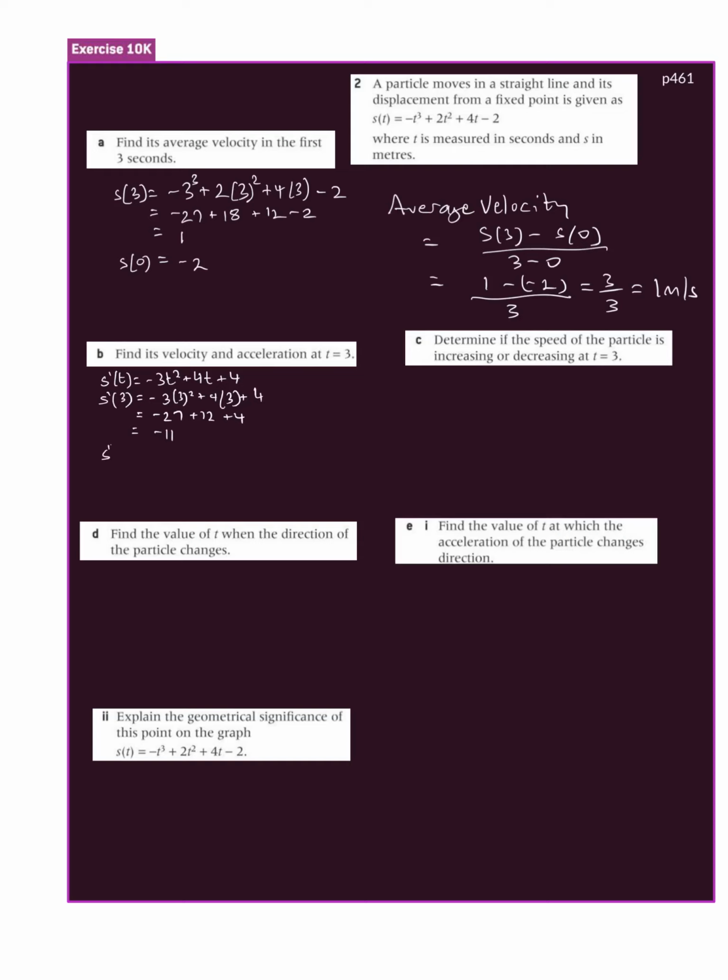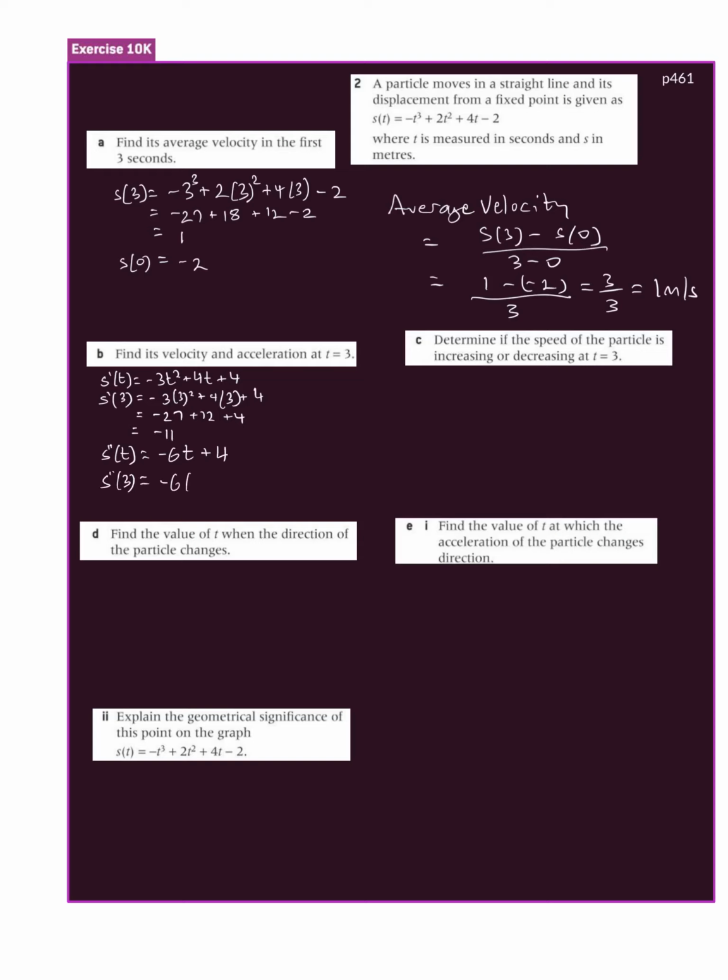Now the second derivative. Remember, I've got to take the derivative now of this one. So that's the first derivative, I'm going to take the second derivative. Let's do that. Okay, so that's going to be minus 6t plus 4. And for the second derivative, we're also interested in the point of t equals 3.